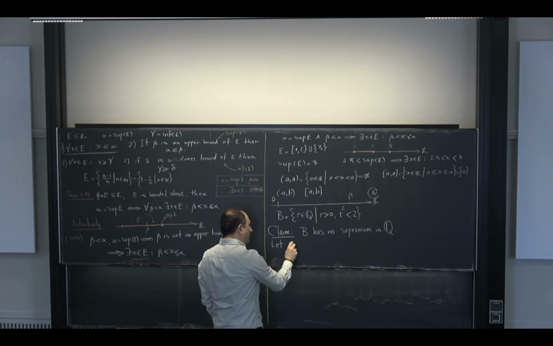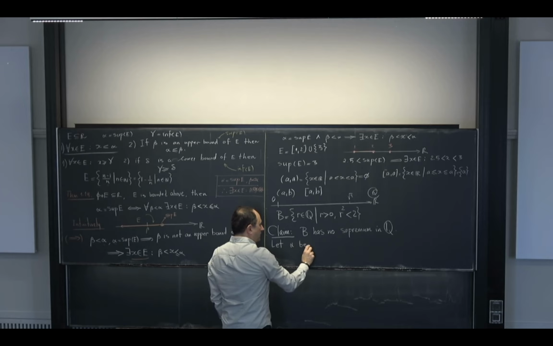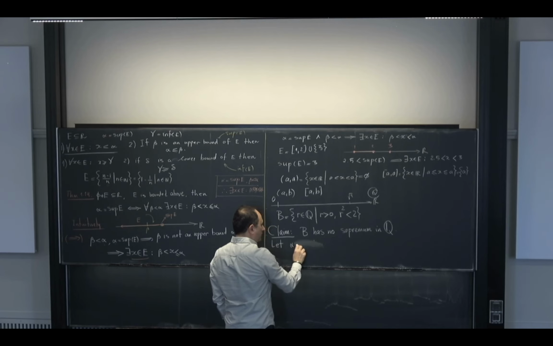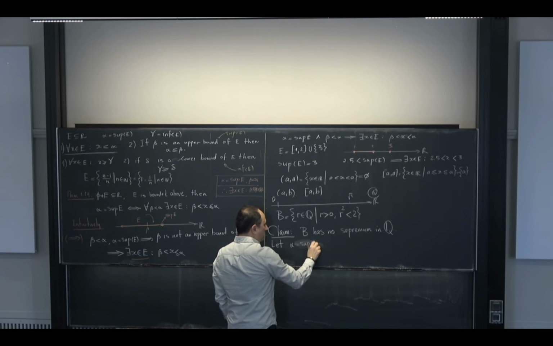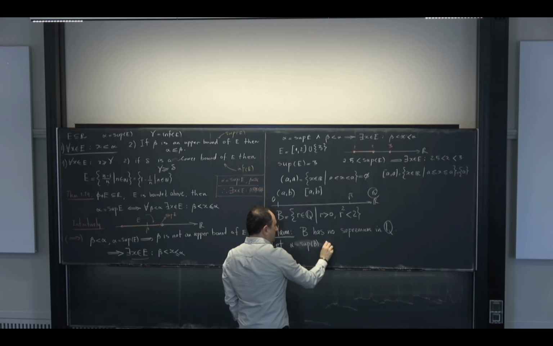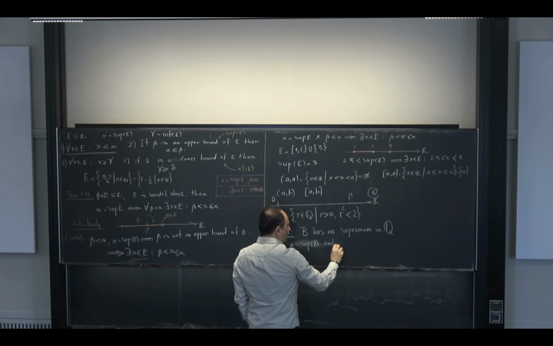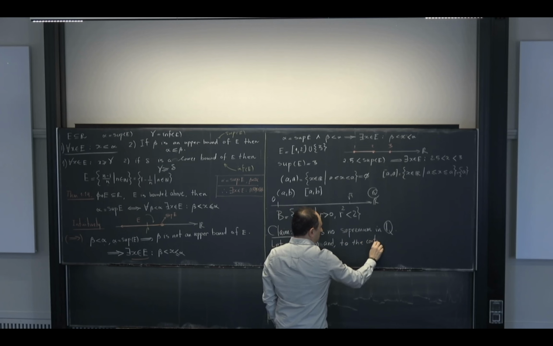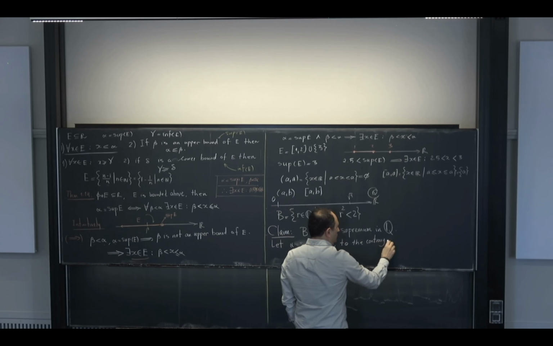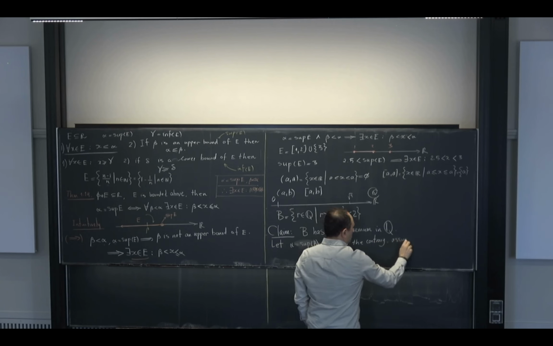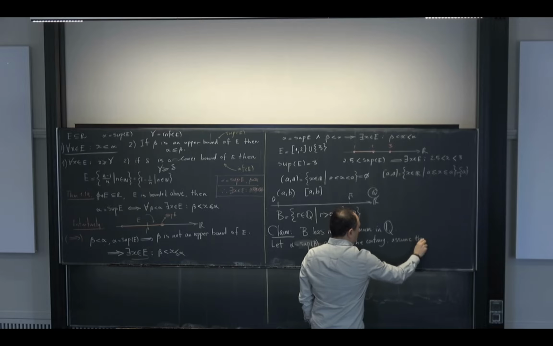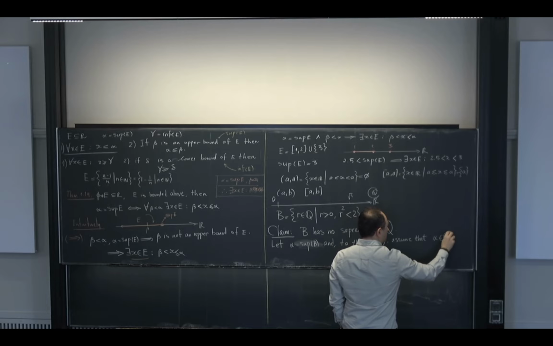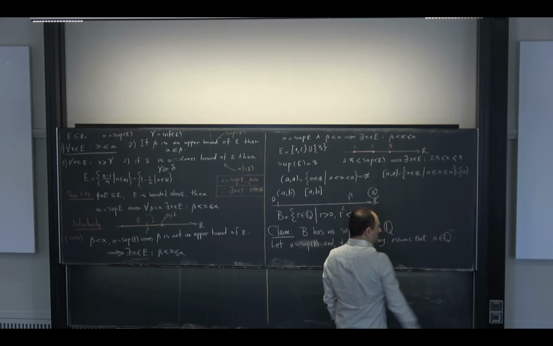So let alpha be the supremum of B, and to the contrary, assume that alpha belongs to Q.